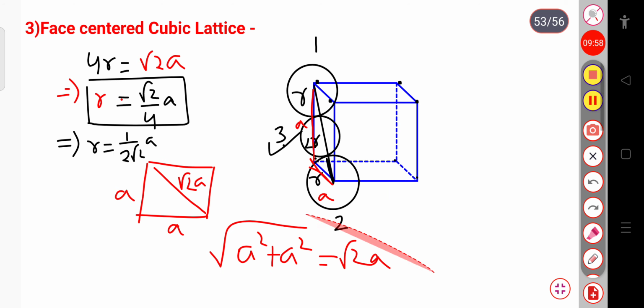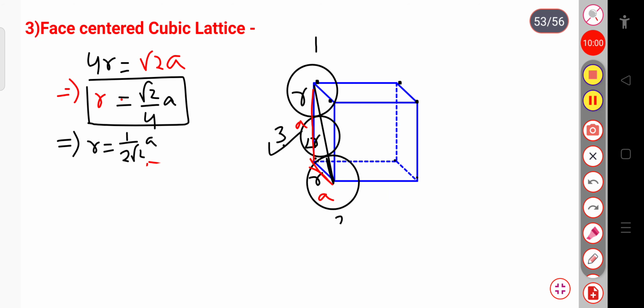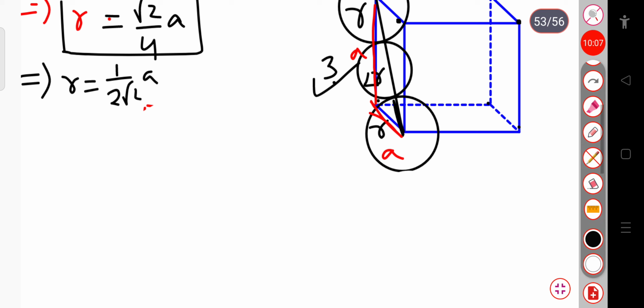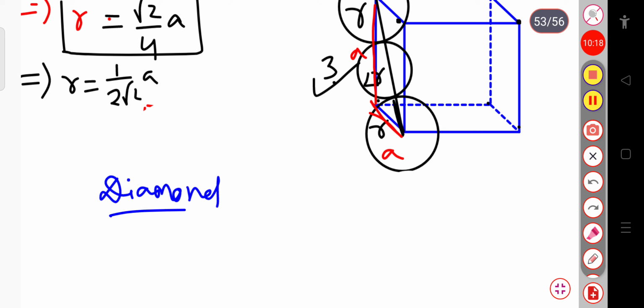But remember one thing, in case of the diamond structure, the atomic radius is equal to root 3a by 8.